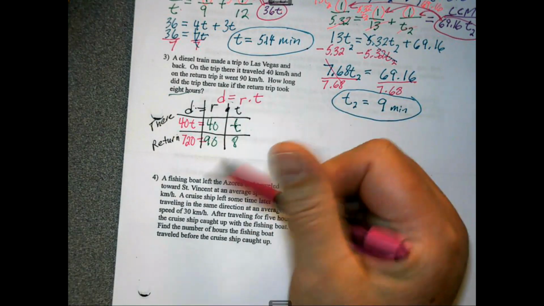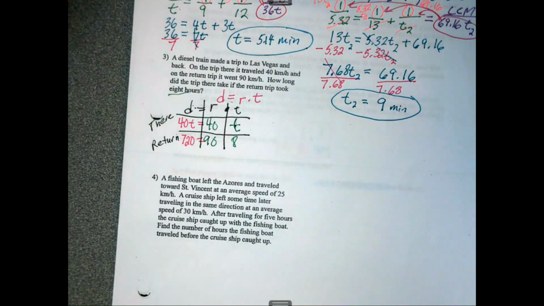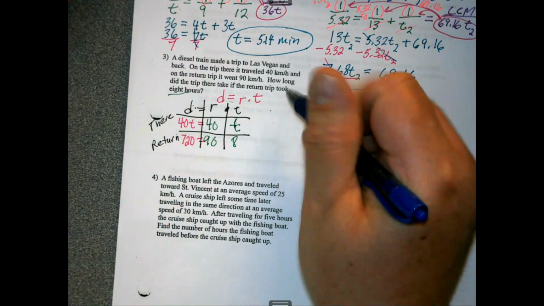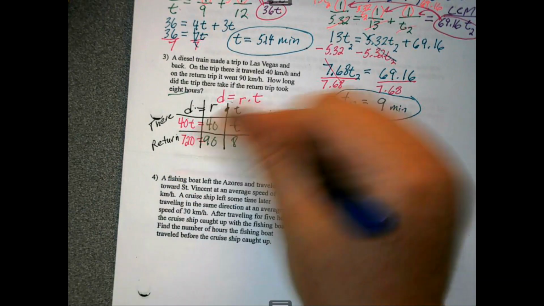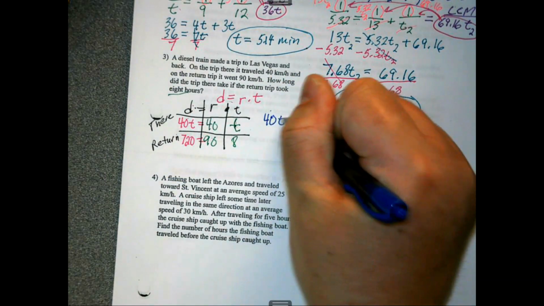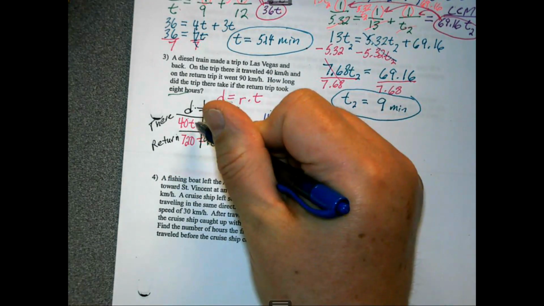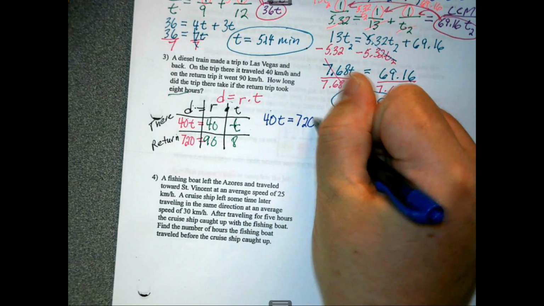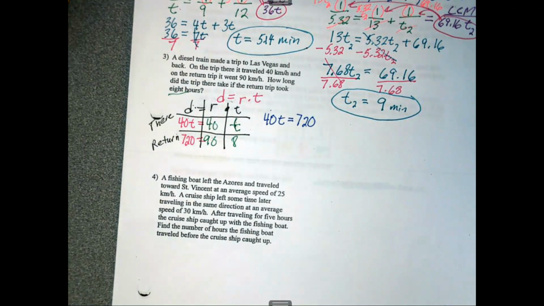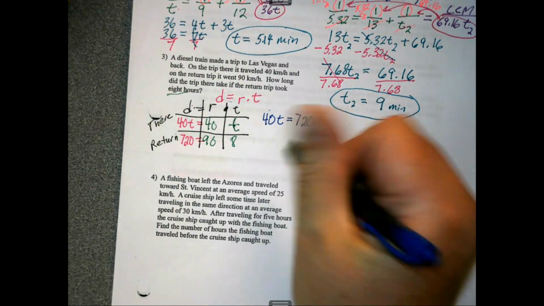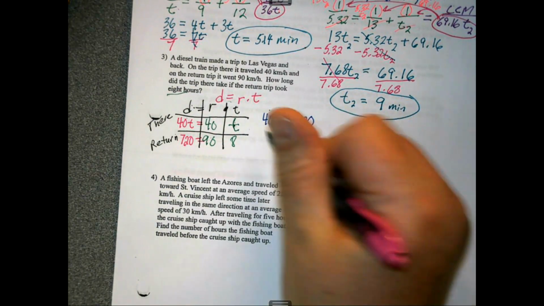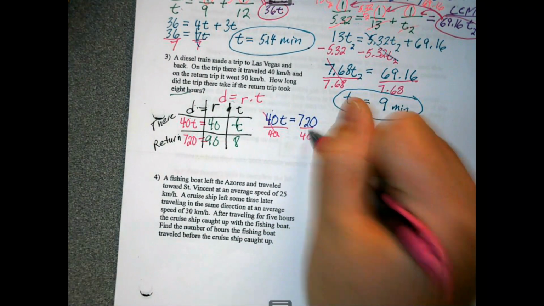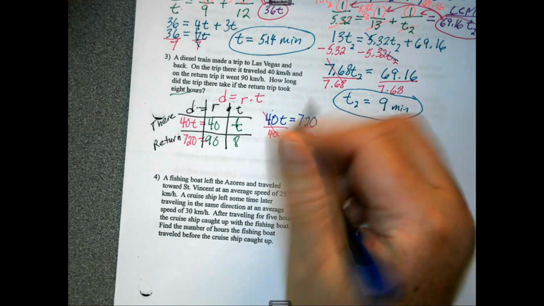Distance doesn't change. So that's what we're going to use for our equation. I know that this distance, 40t, has to equal 720 miles or kilometers, whatever it is. It will hold 18 hours. 18, right? Divide both sides by 40. And it took 18 hours to get there.